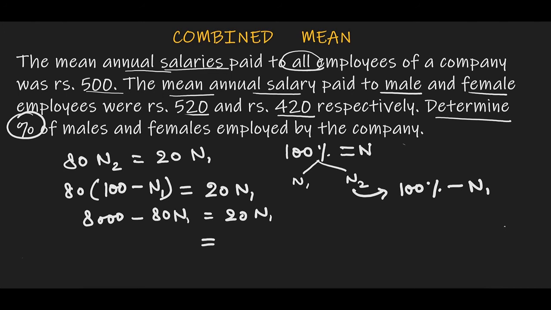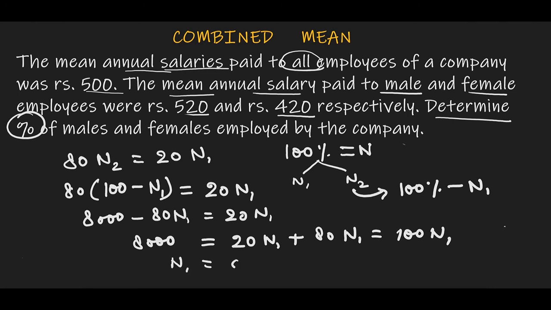So 8000 is equal to 20 N1 plus 80 N1, which is 100 N1. Then N1 is equal to 8000 divided by 100. We cancel the two zeros and it will be 80.